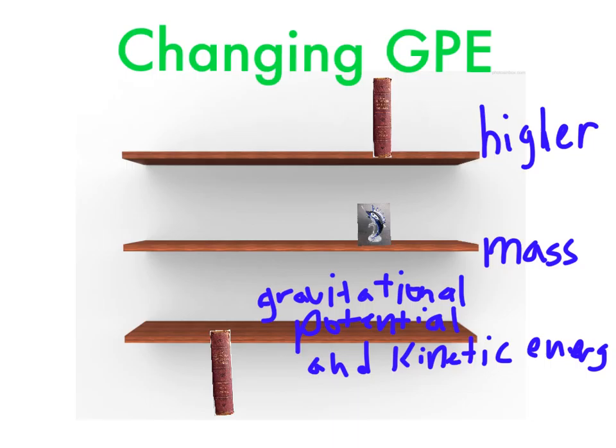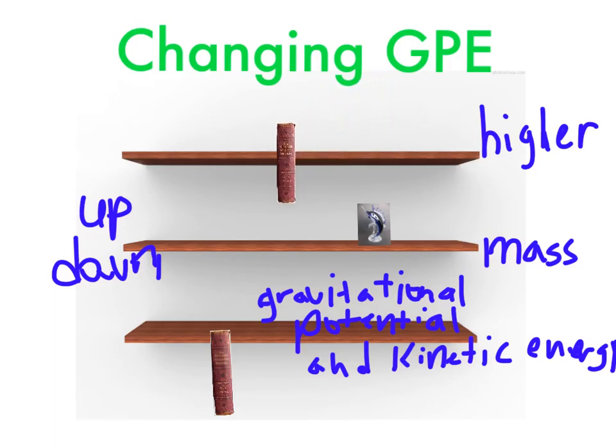And that's as they fall. So it says as they get closer to the ground, the kinetic energy goes up and the GPE goes down. So if I drop, let's say, the book here, as it's falling right now, it has gravitational and kinetic, still gravitational and kinetic, and then once it's about to hit the ground, it has basically all kinetic energy.